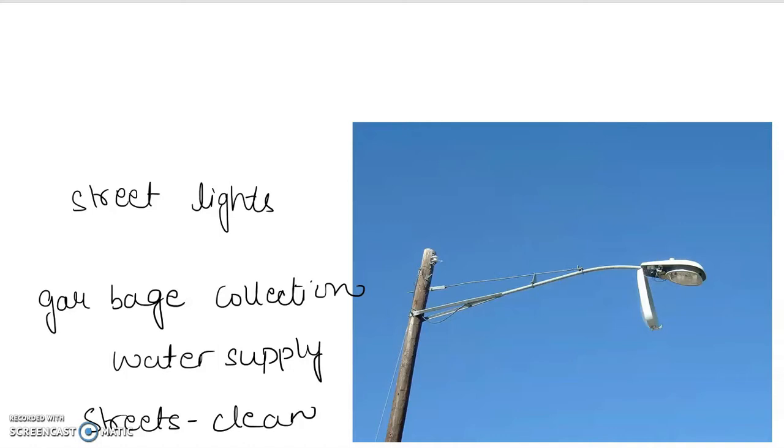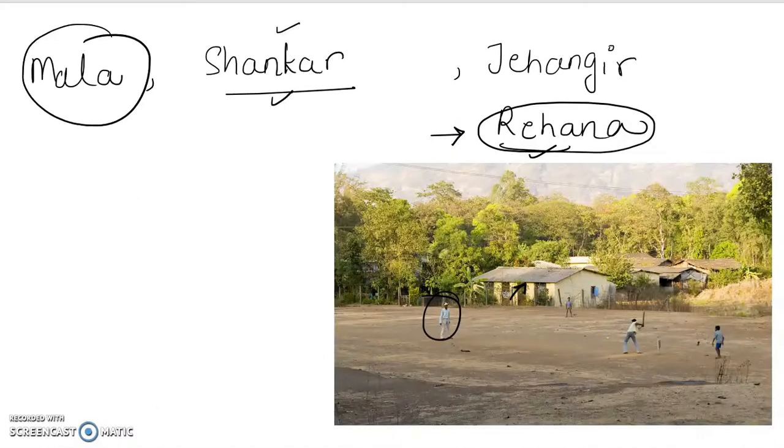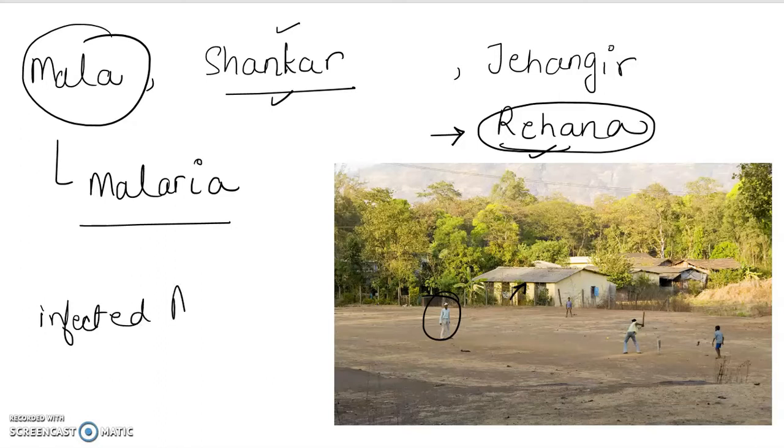So Mala was reminded of one of the incidents when there was an outbreak of malaria. So there was an outbreak, and the Municipal Corporation is responsible to ensure that no such diseases affect the people. Just to give you a brief idea, beta, malaria is a life-threatening disease. So what happens, there's an infected mosquito that's called the Anopheles mosquito.